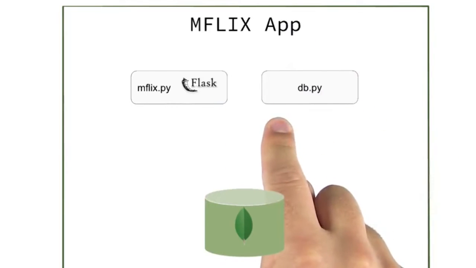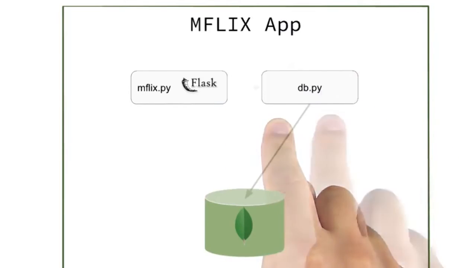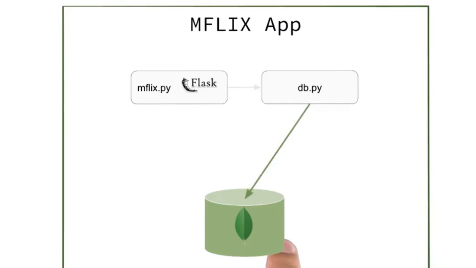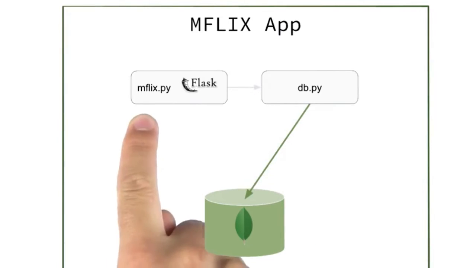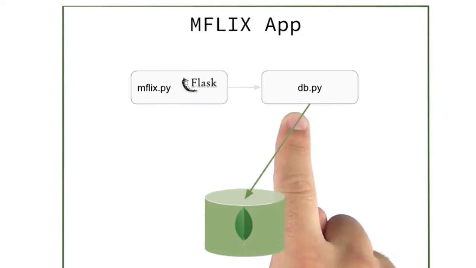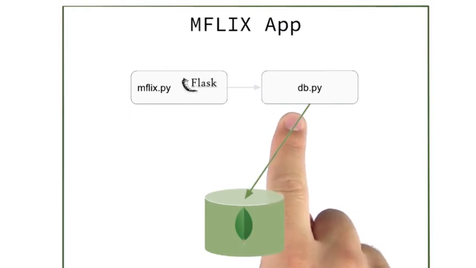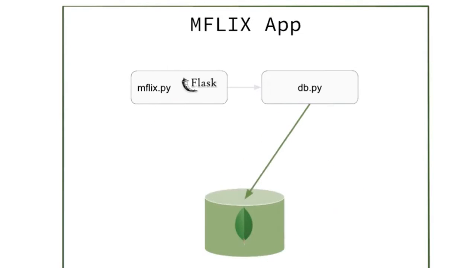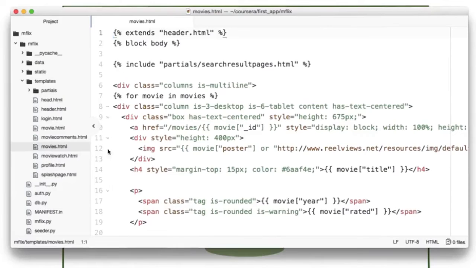Think about it as our model layer, if you're coming from an MVC standpoint. Therefore, db.py talks to MongoDB, in our case, in Atlas. This is where we're going to store all of our information. And mflix.py instantiates and uses the db.py methods to forward all the requests.